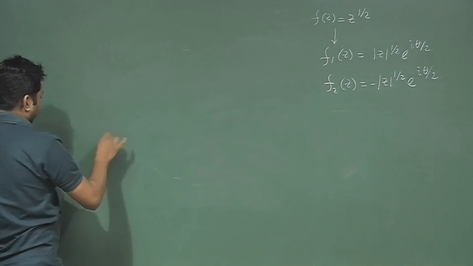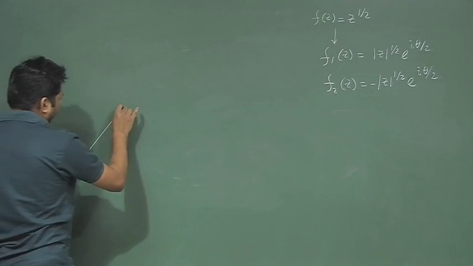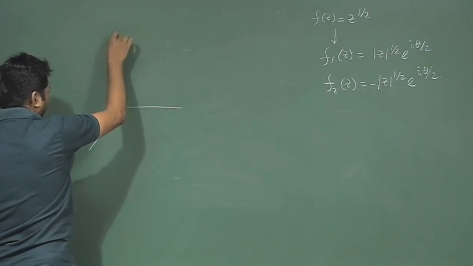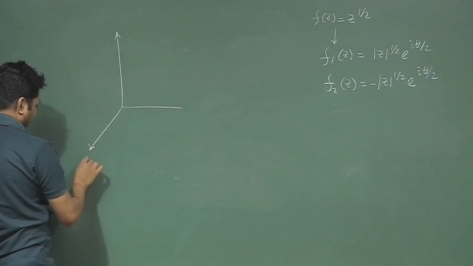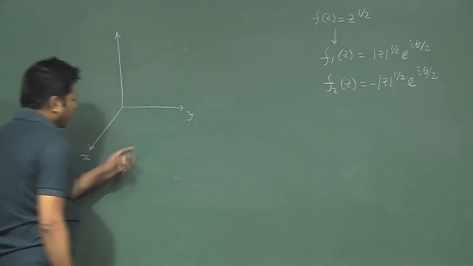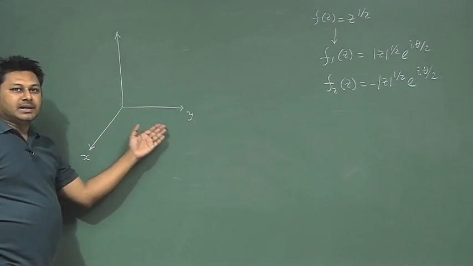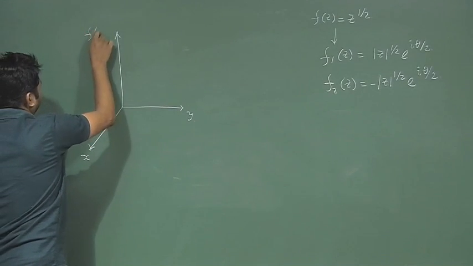For example, this is my x, this is my y, and this is my xy plane, and perpendicular I have f(z).